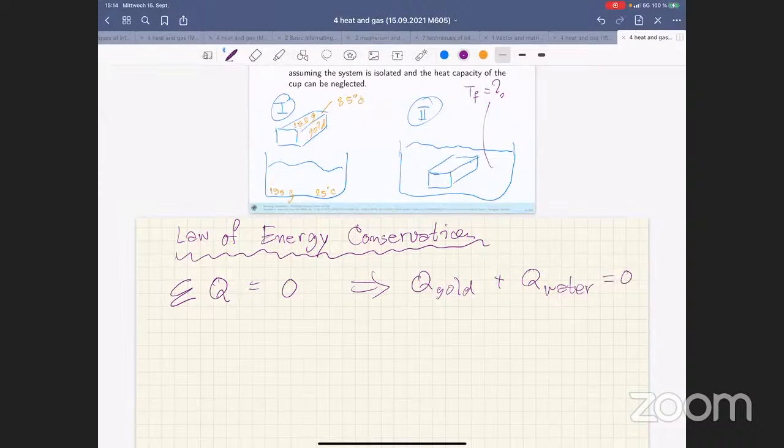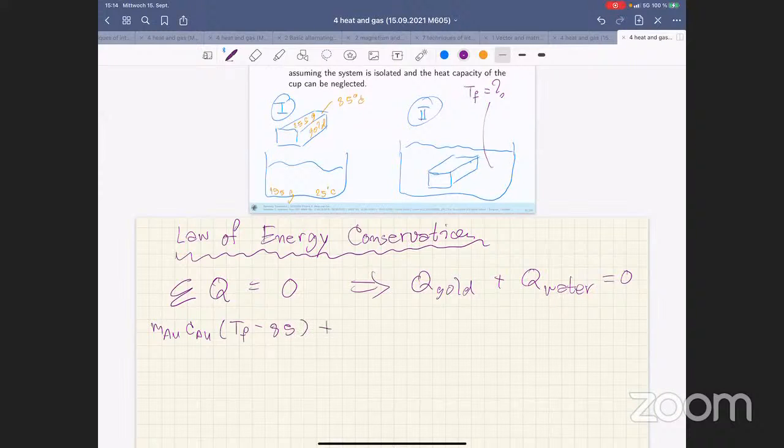And we go ahead with that. Q gold is M of gold, C of gold, delta T, where delta T is TF minus T initial of the gold, which is 85, right?